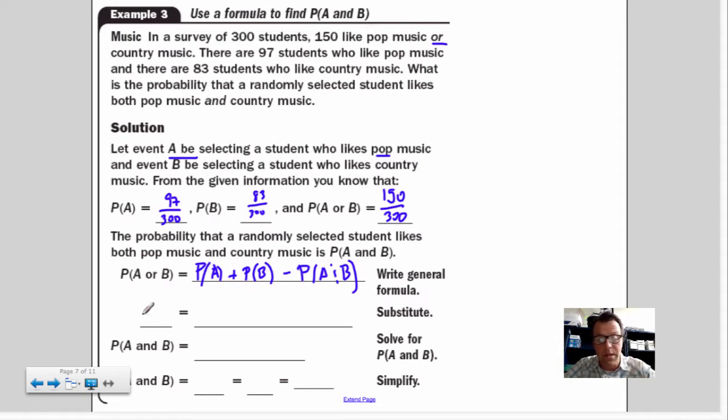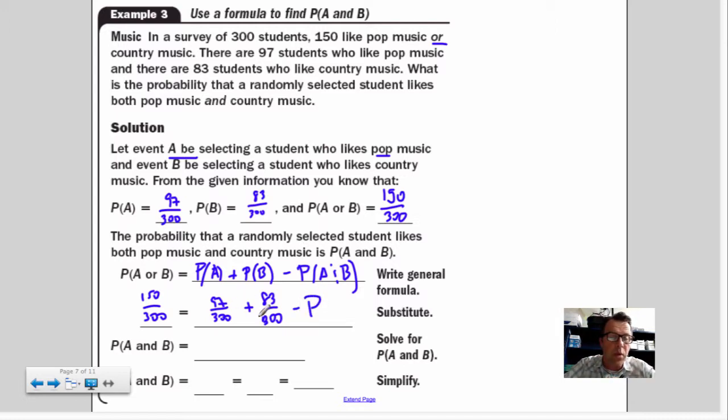We're trying to solve for this. So we would simply put in the numbers, 150 over 300, 97 over 300, plus 83 over 300. And then we're trying to figure out this P. I'll just leave it as P.